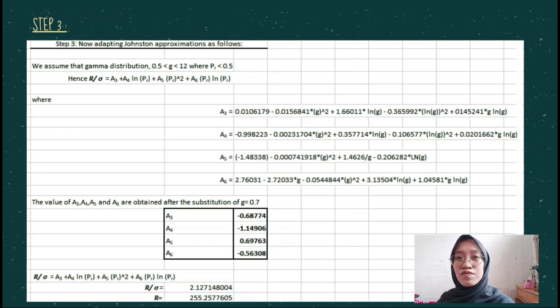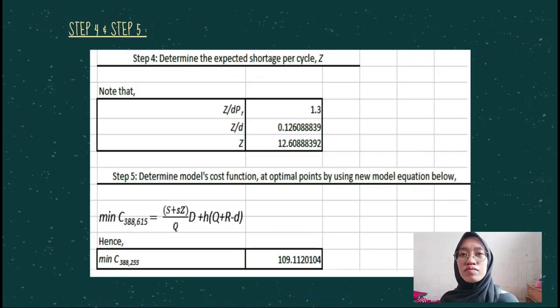However, the different value of probability of stockout, which is 0.097, gives the new value of reorder level R, which is 255.2578. Finally, we determine the new model minimum cost function at the optimal point by using the new equation and got $109.112 for 388 reorder quantity at 255 reorder level, which is lower than the old model.